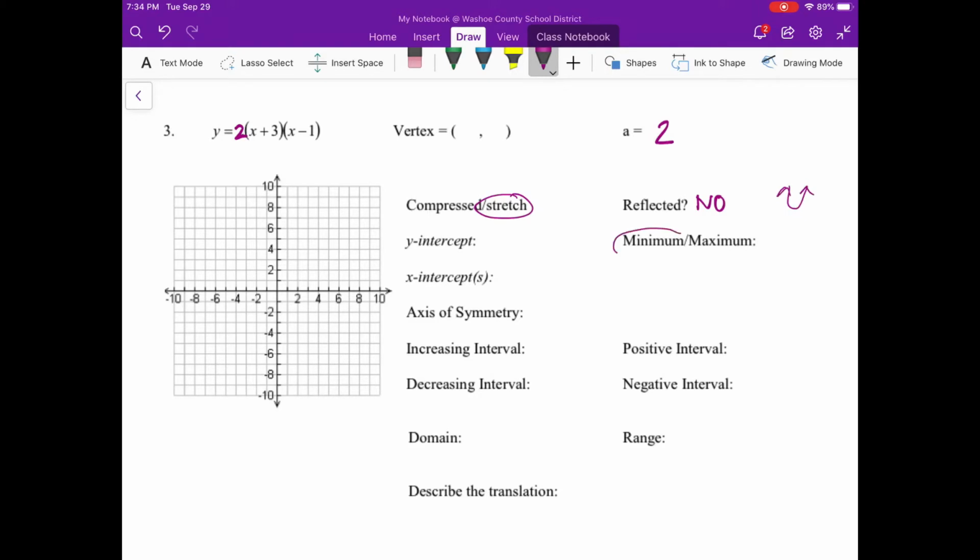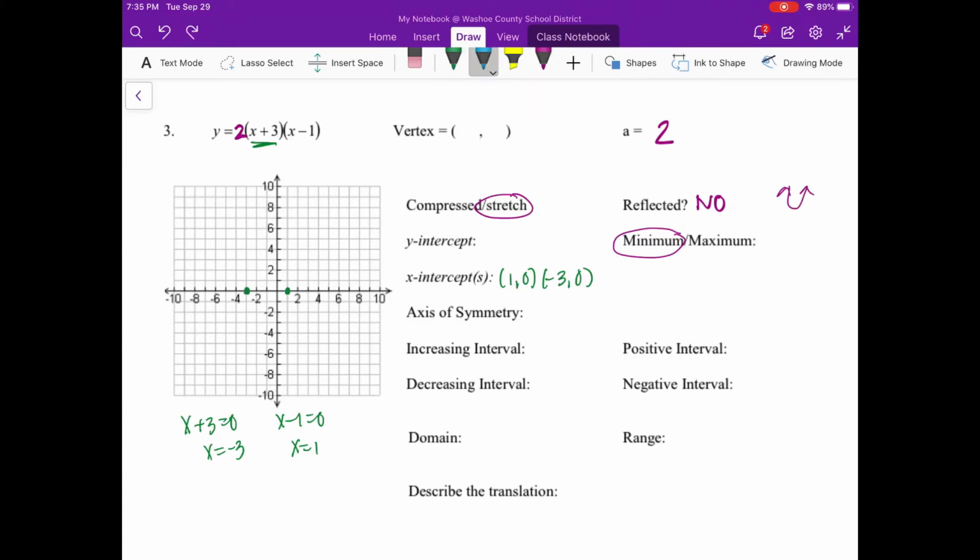It is going to have a minimum, and we're going to find out what that minimum value is after we find the vertex. So start off by using your factors, setting them equal to 0, and figuring out your two x-intercepts. So I have an x-intercept at (1, 0), and I have an x-intercept at (-3, 0).